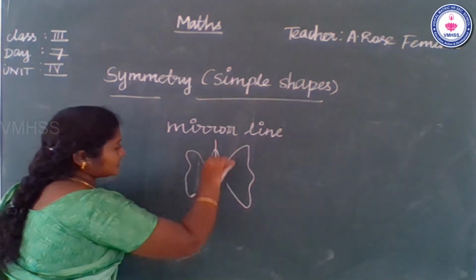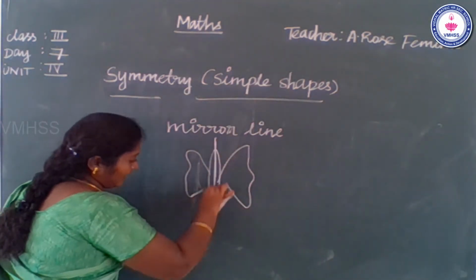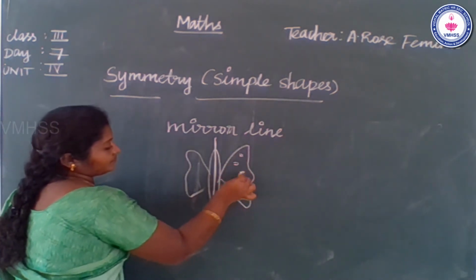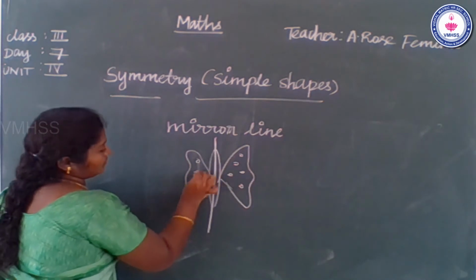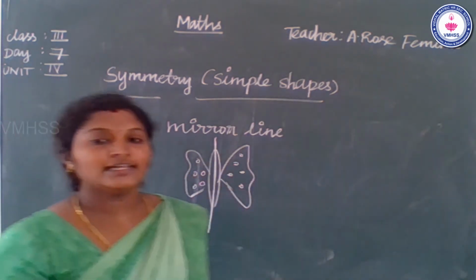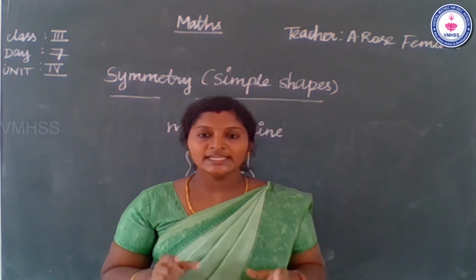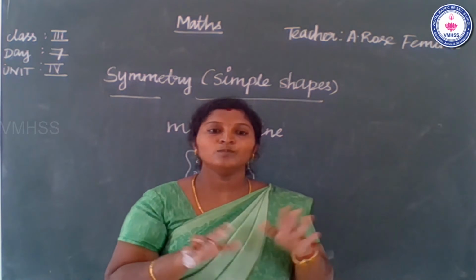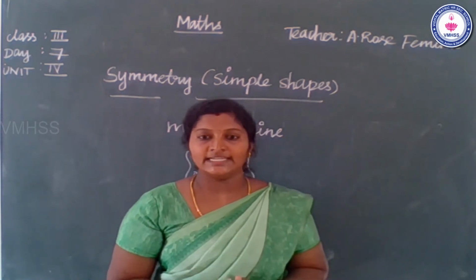This is the mirror line. Both sides are equal. Something is symmetrical when it is the same on both sides.